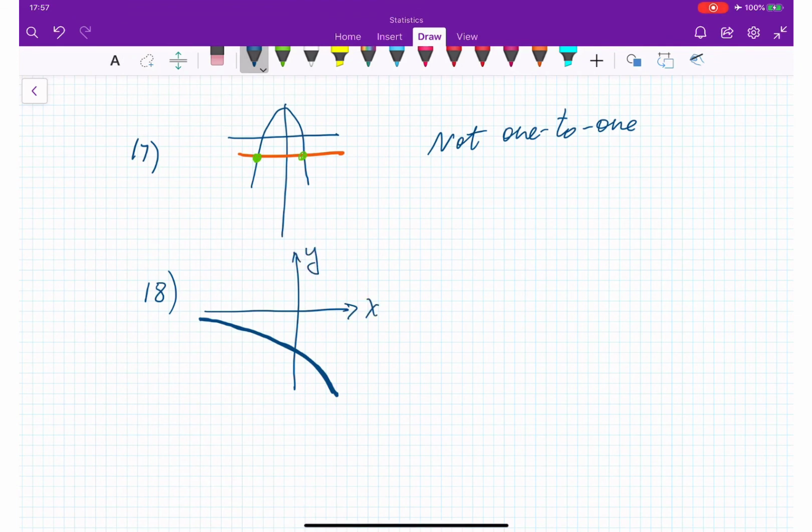All right. Is this 1 to 1? Absolutely yes, because see, providing a horizontal line and crossing only in one spot, right here. Okay, so it is 1 to 1.